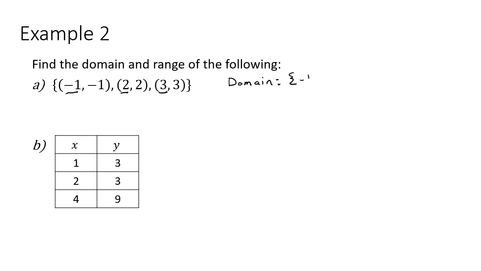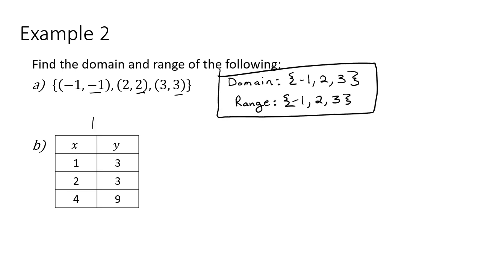So it would be -1, 2, and 3. Those are the possible inputs for the function. Whereas the range would be the set of all second coordinates, outputs, which also happen to be, in this case, -1, 2, and 3.